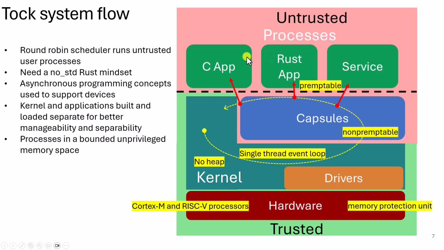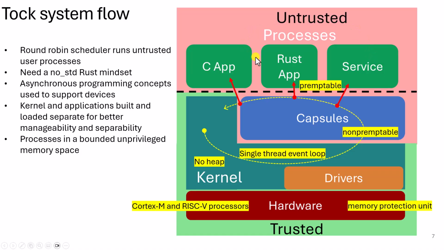Besides applications, which may be doing specific things, interacting with a user or interacting with other systems, there's also services, and services are user processes, but they provide a service to other user processes. So, for example, the 802.15.4 Thread wireless stack could be a service in this untrusted space.